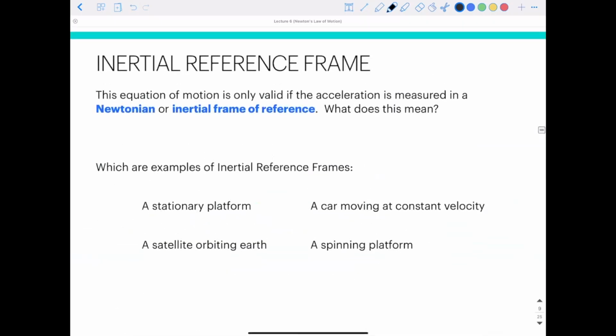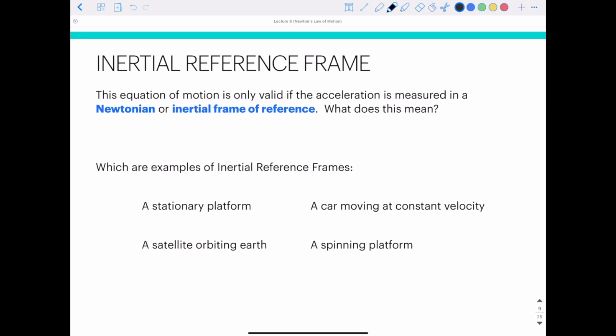Another important thing to consider when we're solving problems is that we can only solve problems that have an inertial frame of reference. So this equation of motion, F equals ma, is only valid if the acceleration is measured in a Newtonian frame or an inertial reference frame. So what does an inertial reference frame mean?